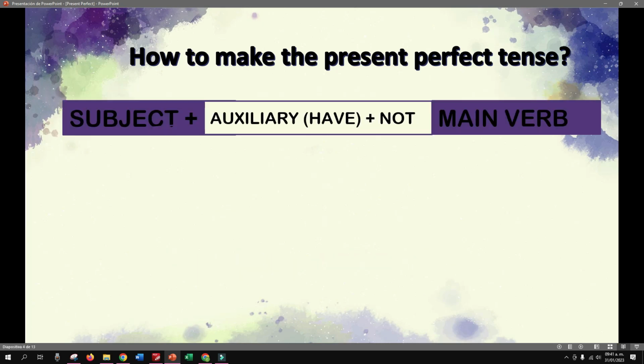Also, how to make the present perfect in the negative form: you have the subject plus the auxiliary have plus not plus the main verb. Also, you can have has not. It depends on the subject, so you should pay special attention there.